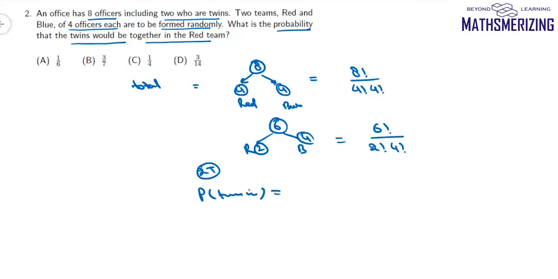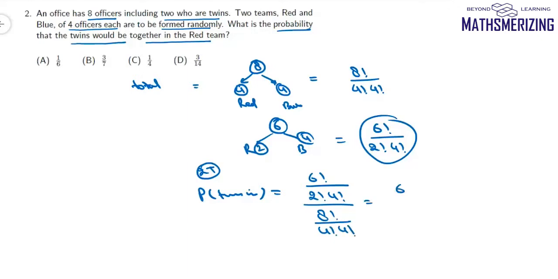So this probability is equal to, this is your favorable case, which is factorial 6 upon factorial 2 factorial 4, divided by factorial 8 upon factorial 4 factorial 4. So it will simply be factorial 6 into factorial 4 upon factorial 2 into factorial 8. So this is 12 and this is 8 into 7. So it will be simply 3 by 14, and that's your option number D.